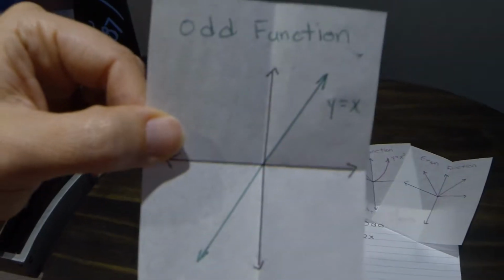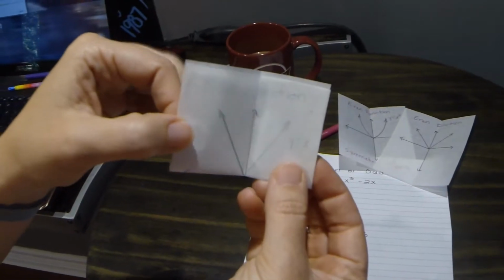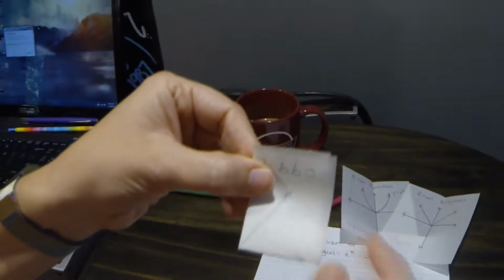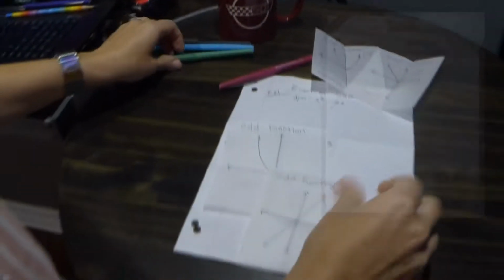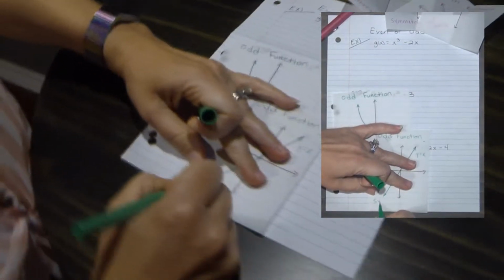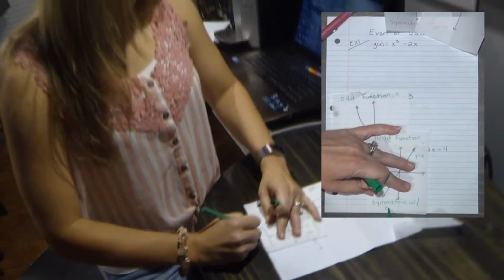And what that means is if I fold it along the x-axis and the y-axis, now my graph perfectly matches up. So that is called symmetric with respect to the origin.